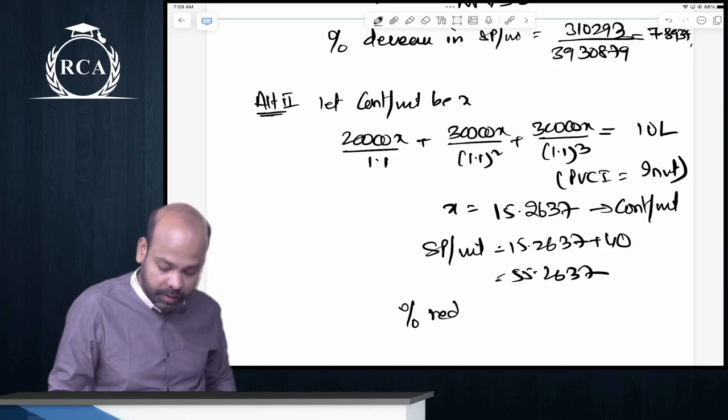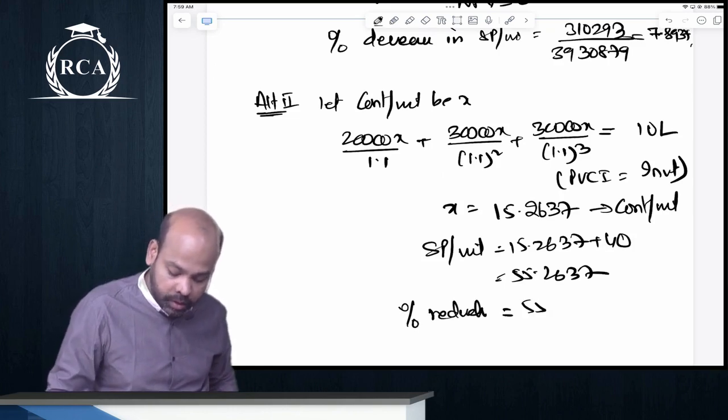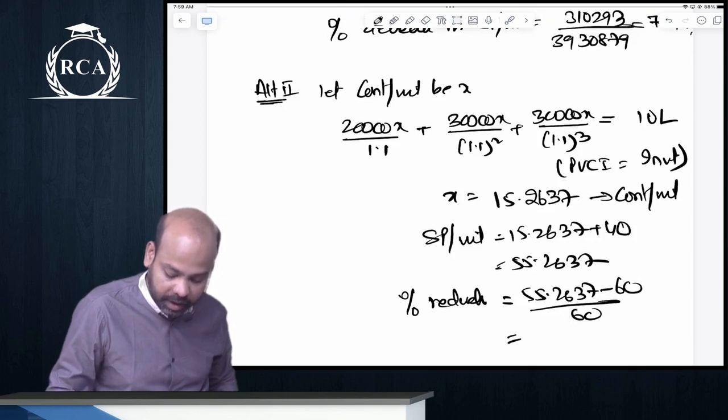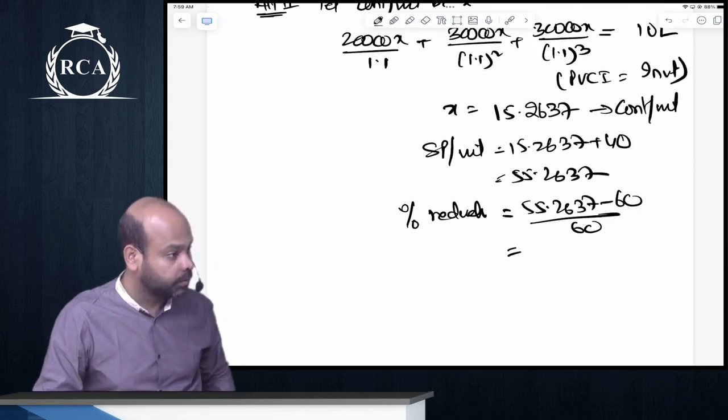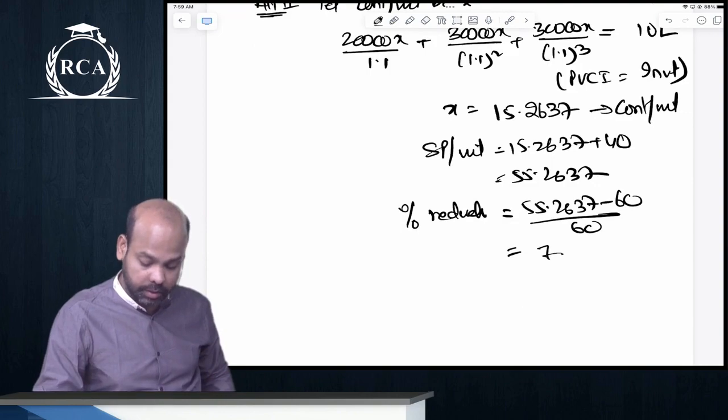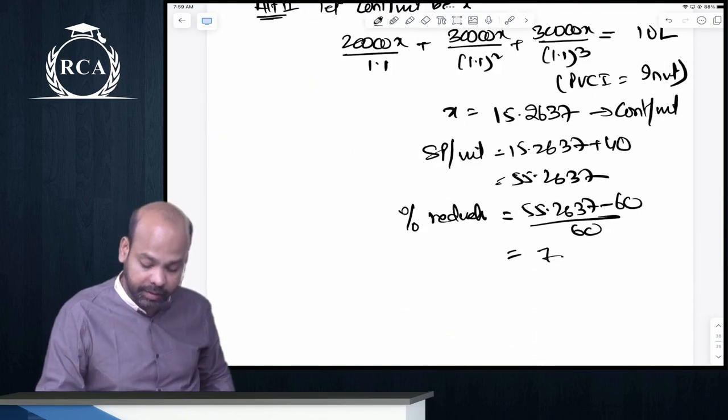Percentage reduction, beta, will be equal to 55.2637 minus 60 divided by 60. How much is this, beta? 7 point, what we wrote above, 8937%.